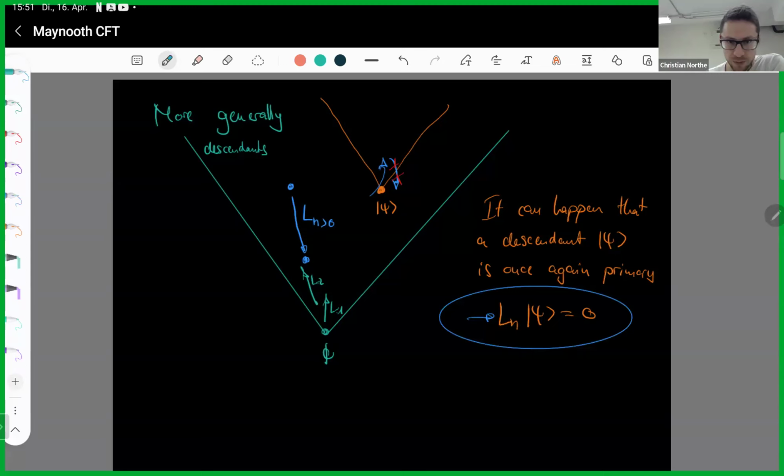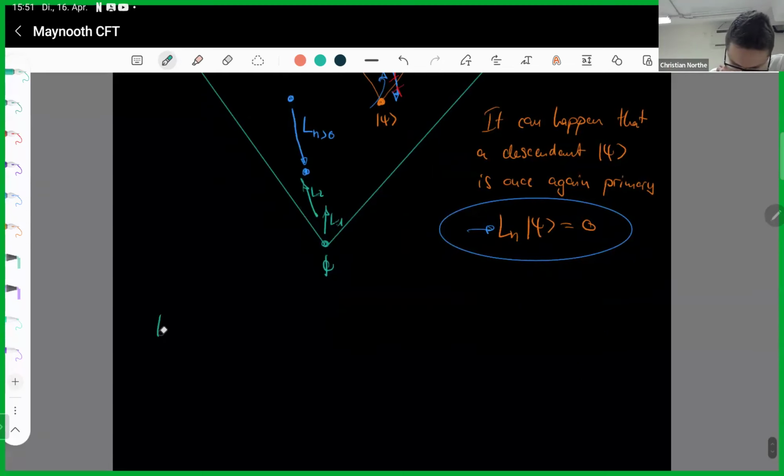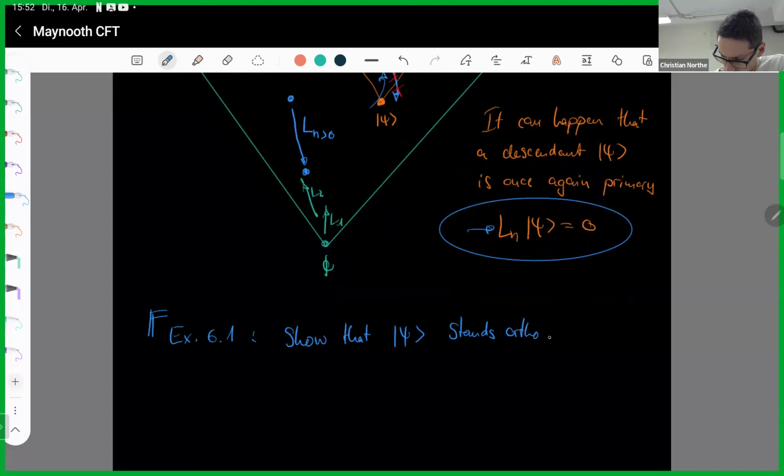And moreover, and this is an exercise, you can show that psi stands orthogonal to any state, to any vector in the Verma module of phi.